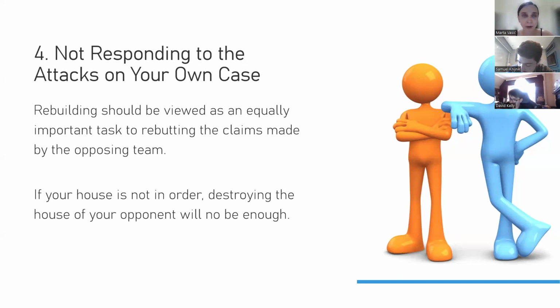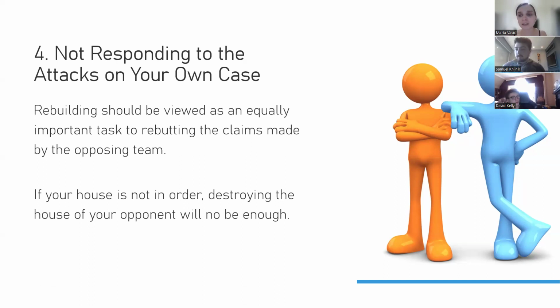In the end, in the majority of cases, the judge will be like, okay, closing government had quite good responses, but their case was severely attacked and was not rebuilt. In the majority of cases, judges will still say that this team should go under the team in closing opposition, if the case in closing opposition was good and decent and well proven. Because I do believe that most judges operate under the premise that if your house is not in order, destroying the house of your opponent will very often not be enough.